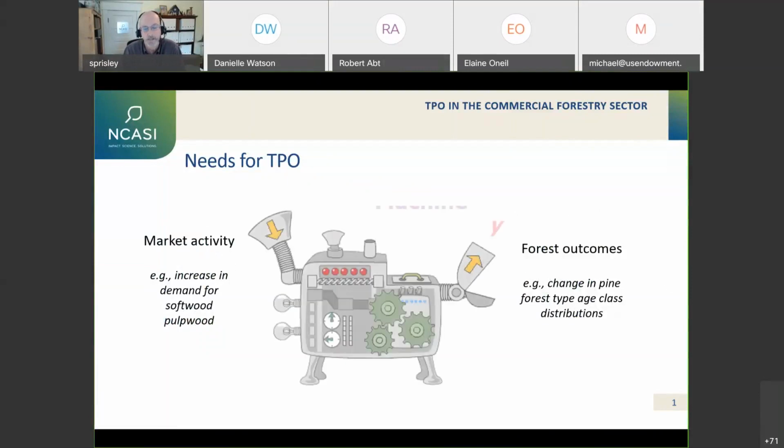But in between those, there's a lot of complexity involving multiple levels of manufacturers, different organizations, different products. And TPO helps us interpret the interplay, for example, between what FIA plots measure on the forest side and market activity that we see on the market side. So it's a critical linkage between these.